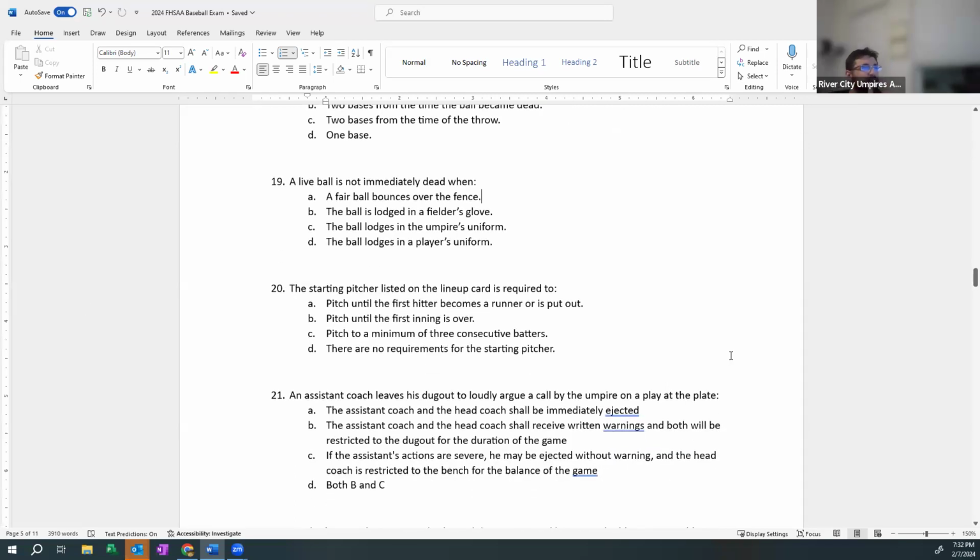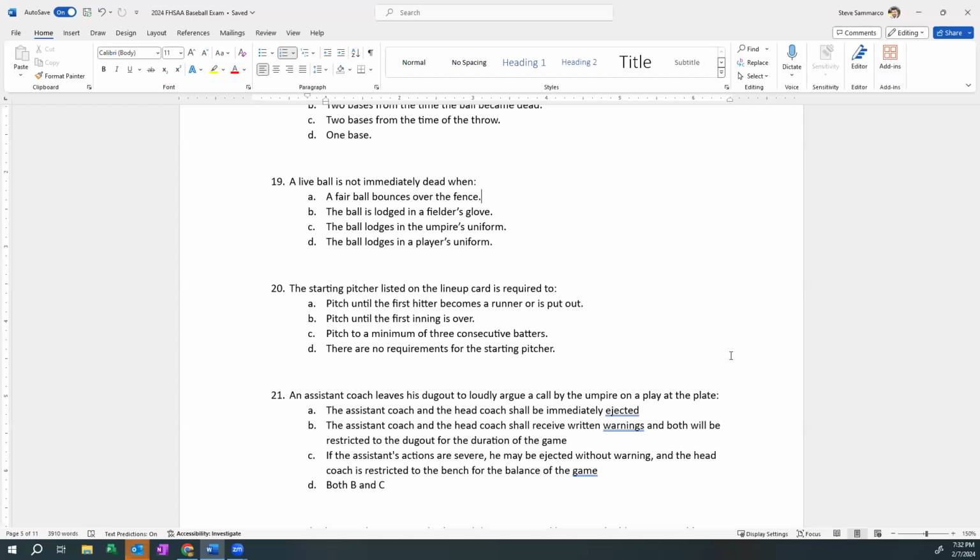Starting pitcher listed on the lineup card is required to, Charles. Mickey or Mikey? Oh, my bad. I thought I was muted. It's C. A live ball is not immediately dead when the ball lodges into the umpire's uniform.